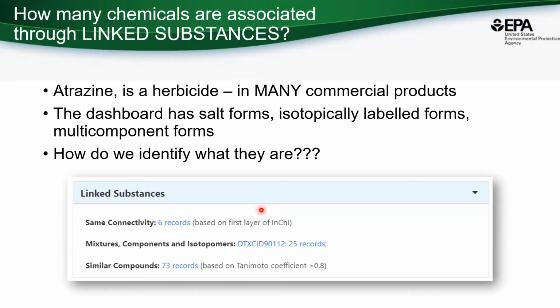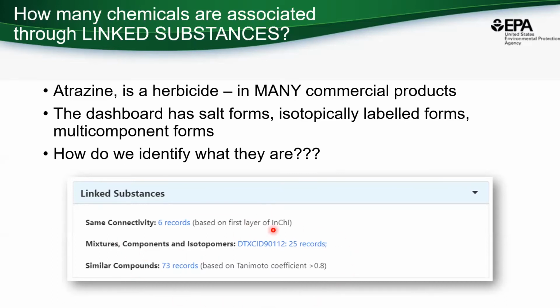But there are some we can do automatically, and this includes mappings between a chemical and its multi-component forms. That could include salt forms, maybe its isotopically labeled forms that are going to be used inside specific measurements. And how do we identify how these are done? We do this all with informatics under the hood. You don't have to worry about trying to repeat any of these. It's all built for you.